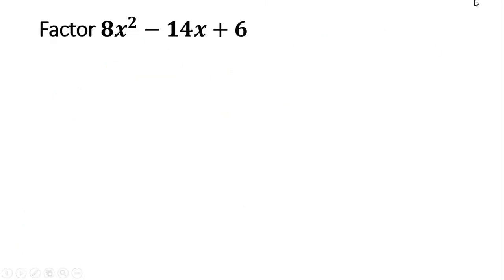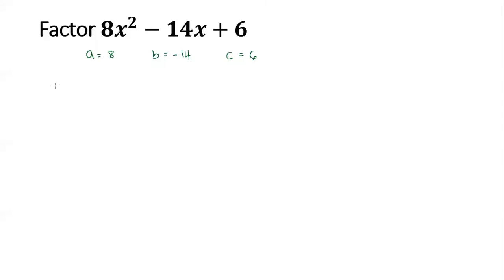So we have here the trinomial 8x squared minus 14x plus 6. Again, let's determine the value of A, B, and C. So for A, we have 8. For B, we have negative 14, and for C, that is equal to 6, the constant.